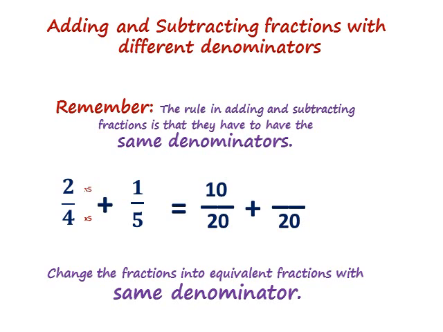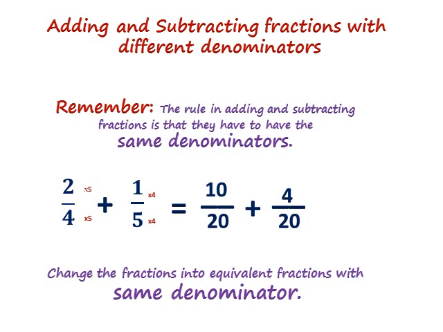Alright, what about 1/5? You want an equivalent fraction of 1/5 such that the denominator is 20. You multiplied 5 by 4, and you also have to multiply 1 by 4. So 1 times 4 is 4. Now you have your equivalent fractions, 10 over 20 plus 4 over 20.